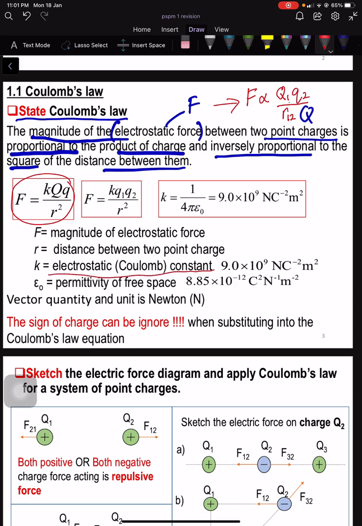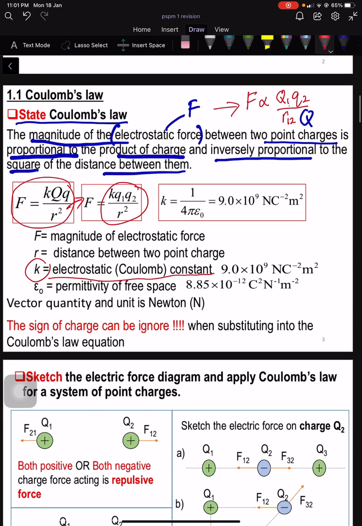When we change the law into an equation, we must include the constant value. So we call the constant here the electrostatic constant. You can also rewrite this equation as F equals K Q1 Q2 over R squared. Either one is okay.